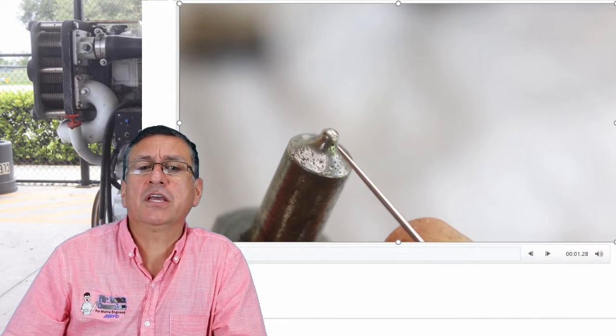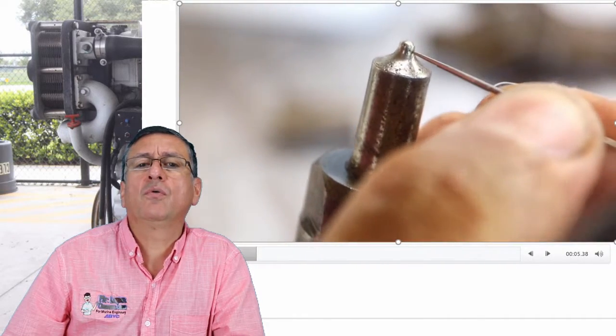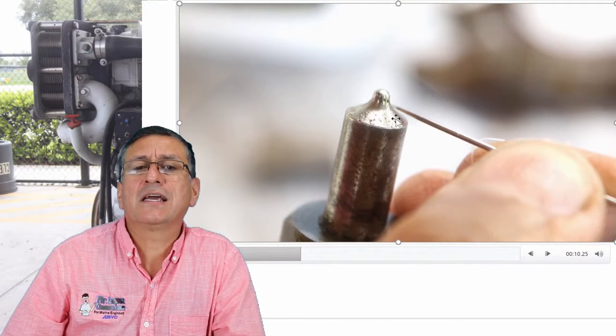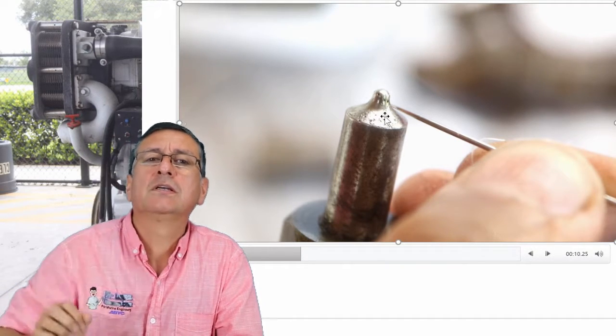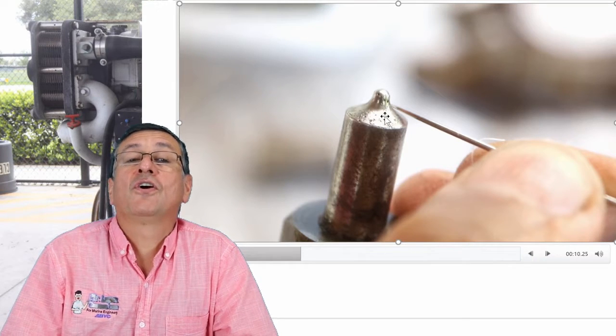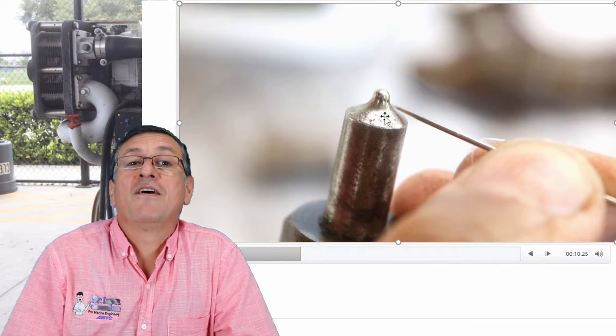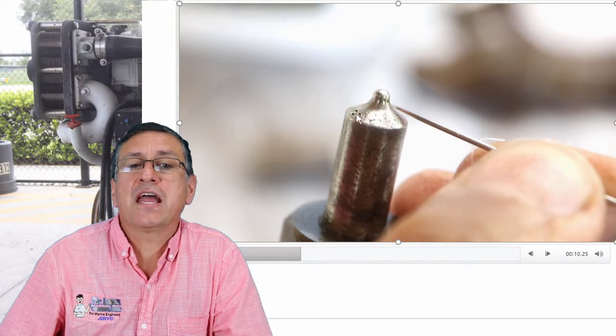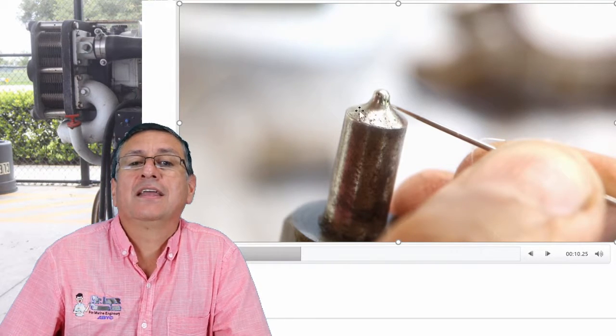Okay, this is the injector. You can verify the condition of the hole with a needle. You introduce the needle, and look at this area of this injector. Those small holes are produced by vapor lock. The vapor lock produces the erosion here in the nozzle of this injector.